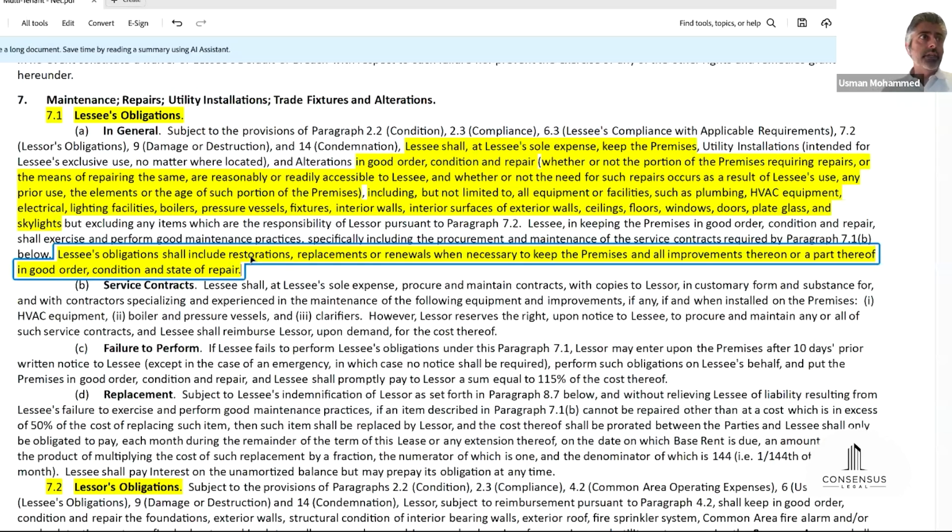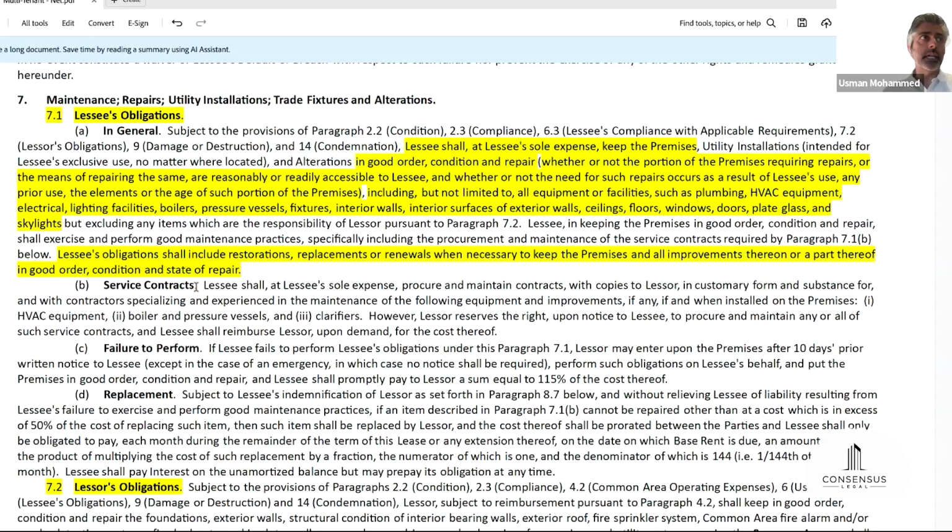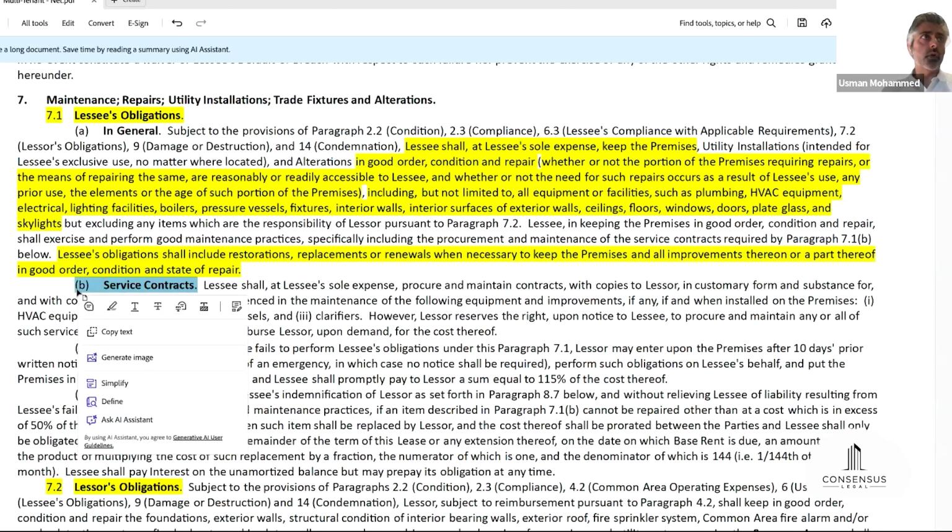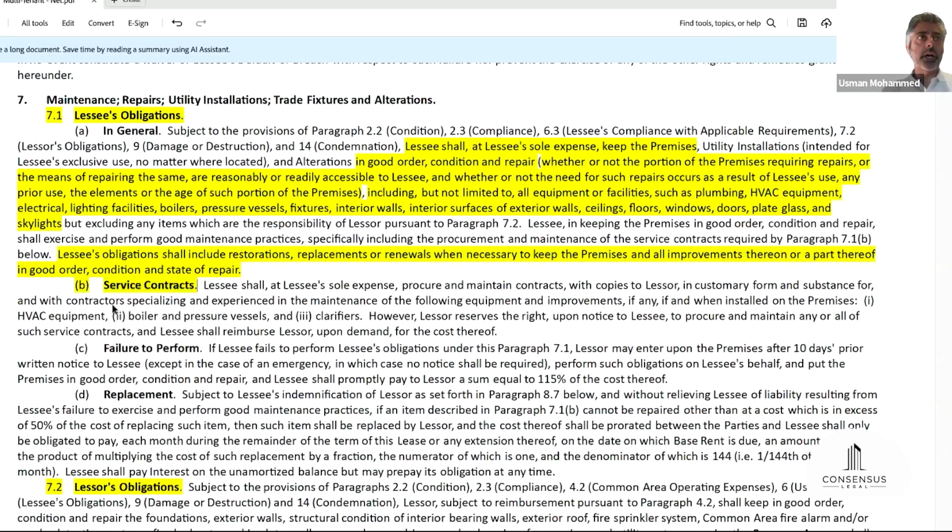So that is the general rule, and in furtherance of lessee's obligation to keep the premises in good order, condition, and repair, lessee is also required to obtain service contracts. And with respect to the multi-tenant leases, let me take a step back for the moment.